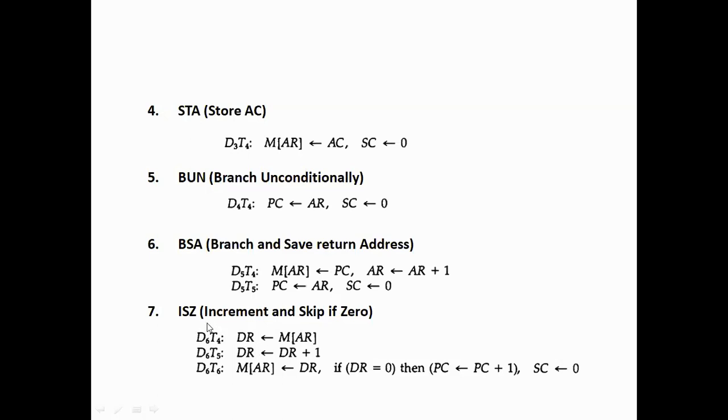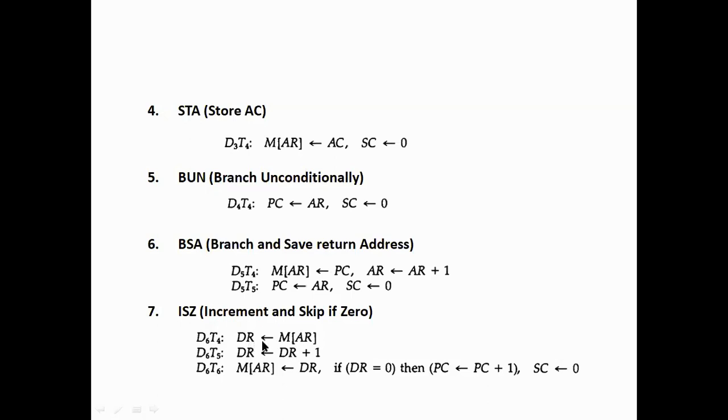We need to increment it, just add 1, fine. But we need to do this skipping also after adding 1. So first we need to increment a certain operand. The operand initially will be in memory. First of all, let us bring that from memory into DR.